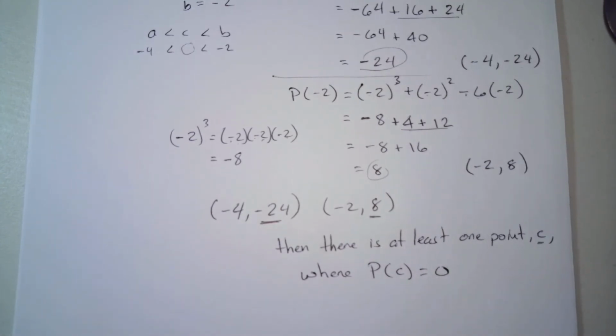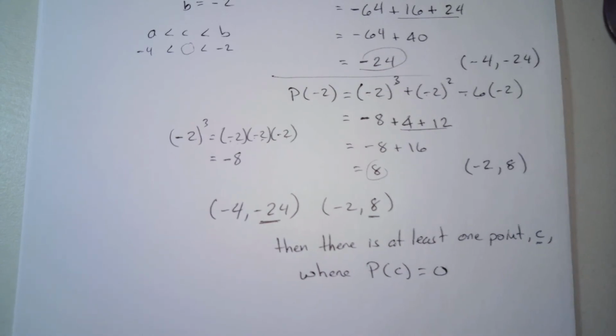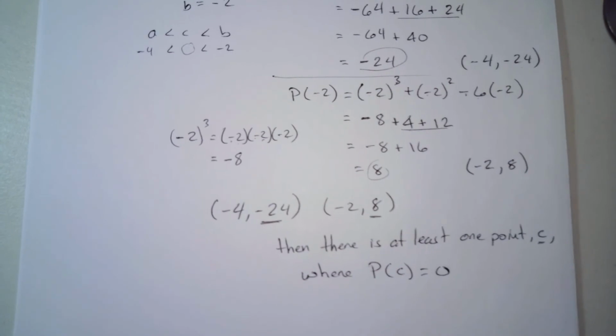That's all the intermediate value theorem tells us. So there's at least one.